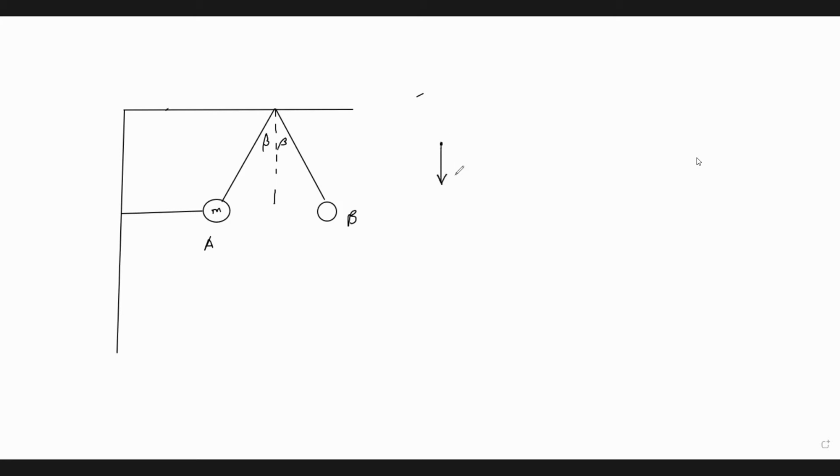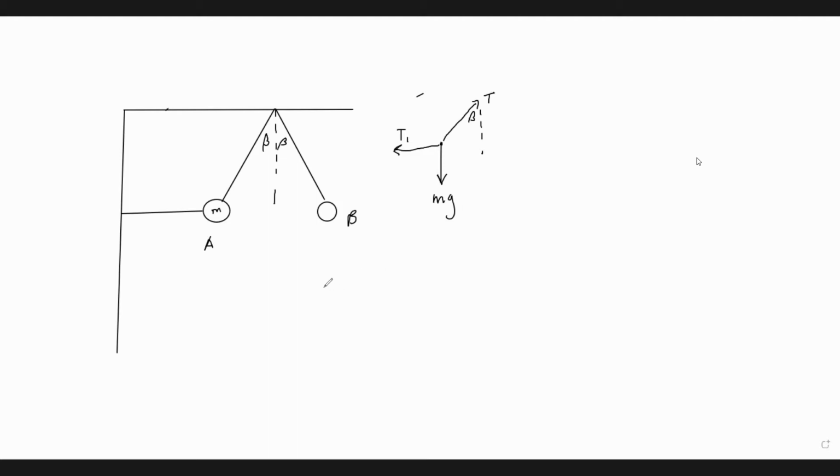So let's do a free body diagram for the mass in position A. We have mg, we have the tension in the string here at an angle beta. And let's just call this T1. So now we want to solve for the tension T here.